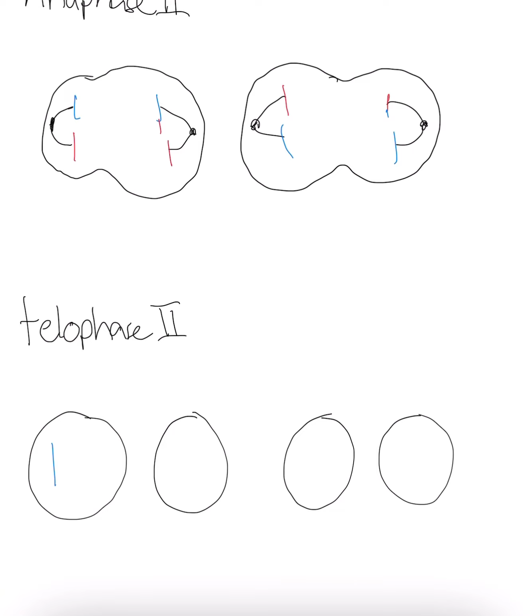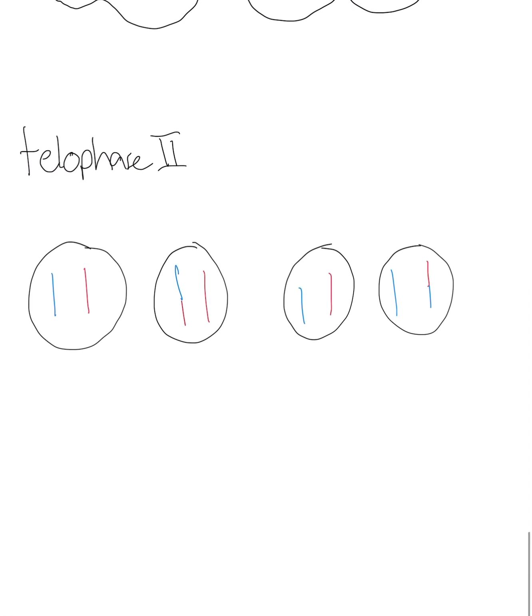And what's cool about this is we have 4 unique daughter cells. Let me double check to make sure I'm doing this right. Alright, so we have 4 unique daughter cells because of that homologous recombination that happened in prophase, metaphase 1.